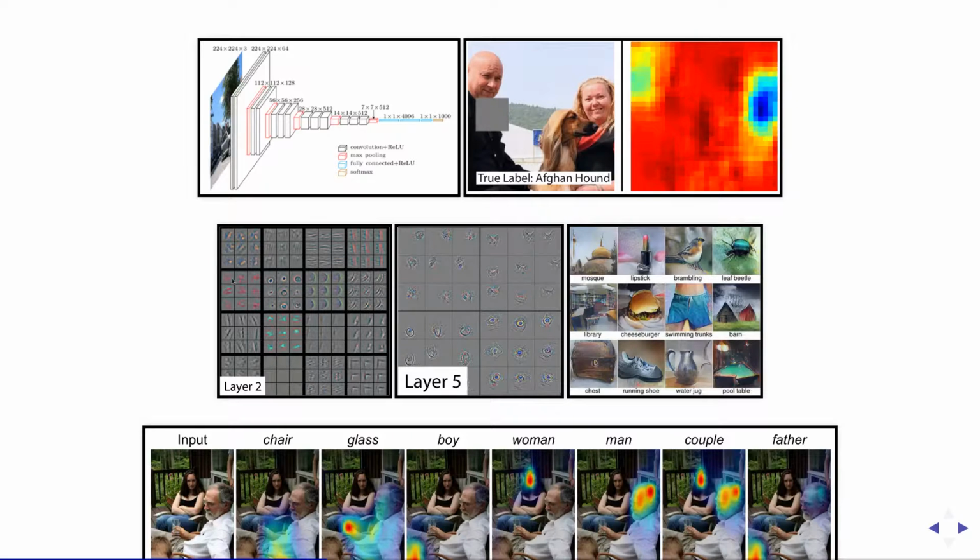In this diagram here for layer 2 we've got a bunch of patches. Each of these little patches represents the input space that maximally excites a specific neuron in layer 2. As you can see, they're quite simple, mainly edges and certain blob shape patterns. We've got some corners down here.